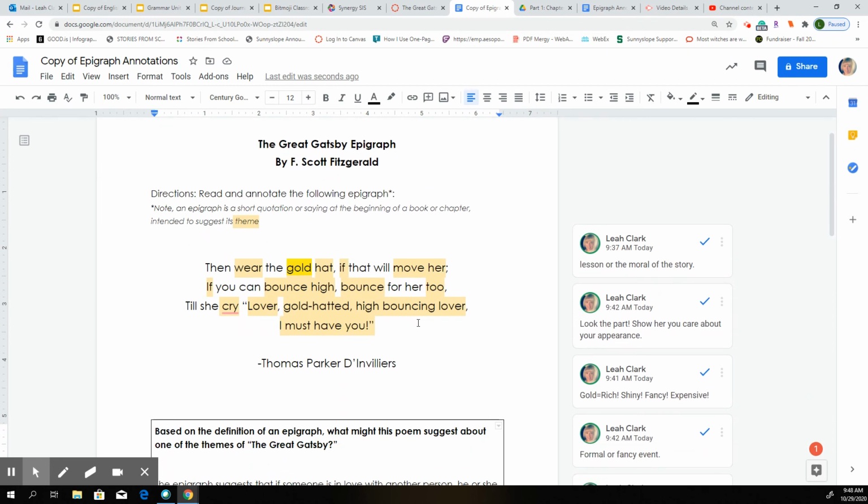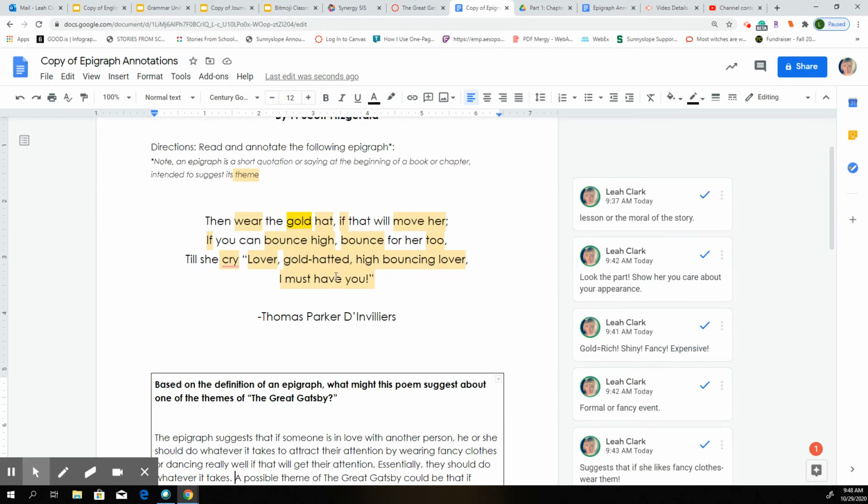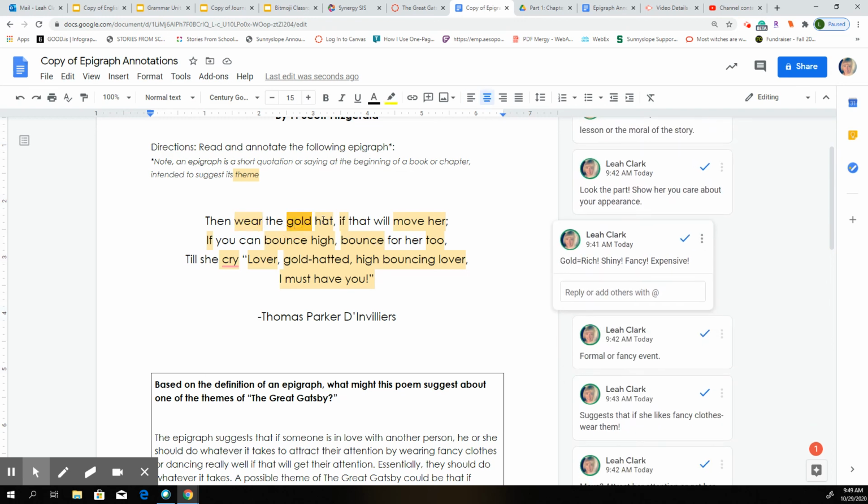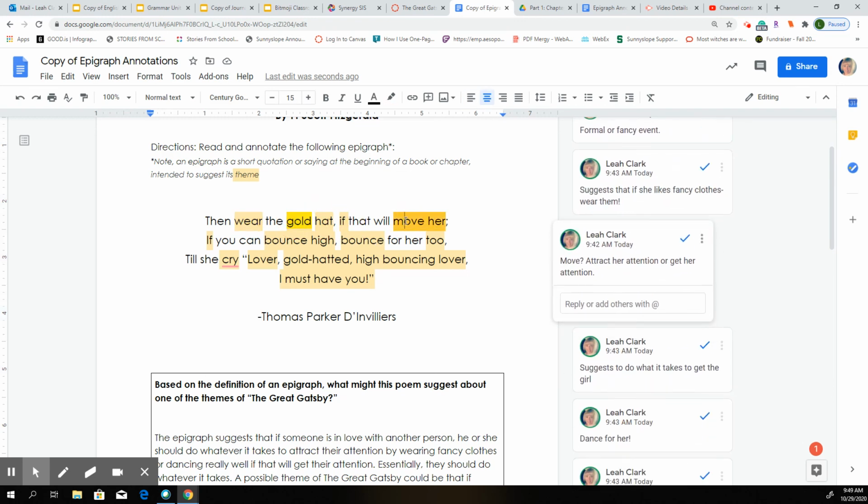Okay, so as we are continuing our literary analysis with chapters 1, 2, and 3, folks, this is the type of annotating that we will be looking for, looking at these specific word choices and asking ourselves, what does that mean? What sort of connotation does that have? What is the denotation?